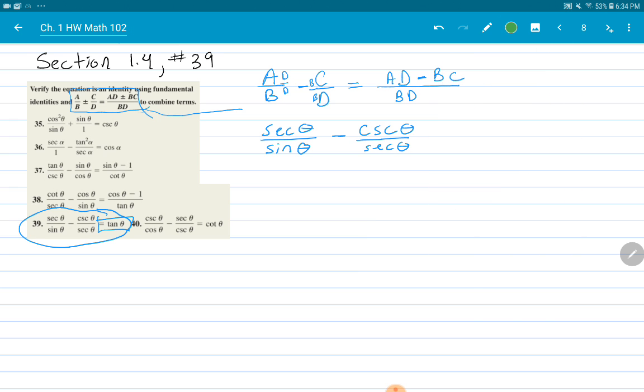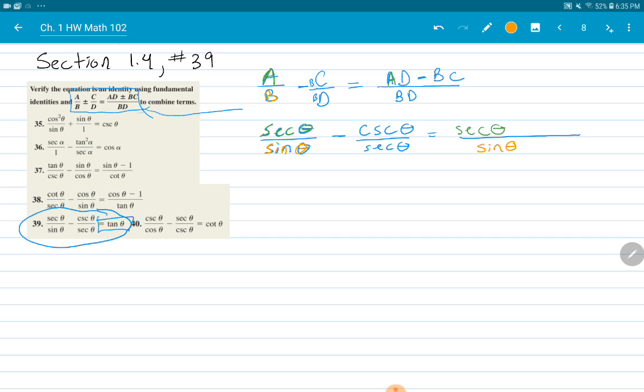Okay, so I'm going to give a little color here to show what I did. The A is the secant theta. So I'm going to write this is going to equal, and the B, we'll do an orange, is the sine theta.